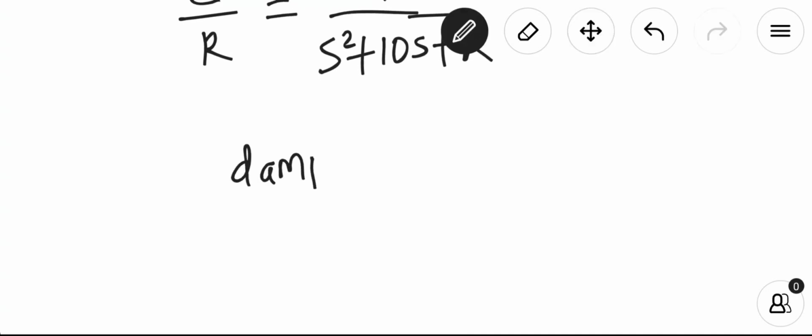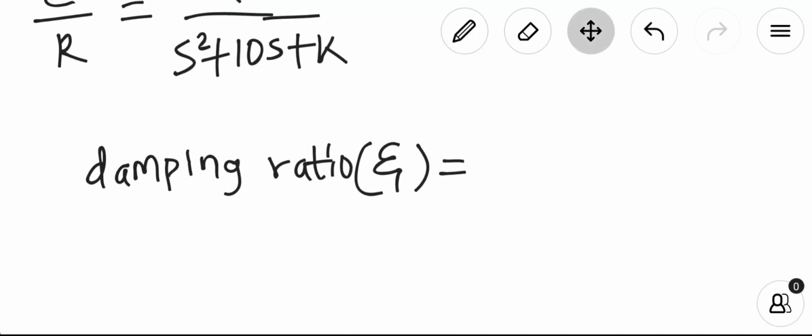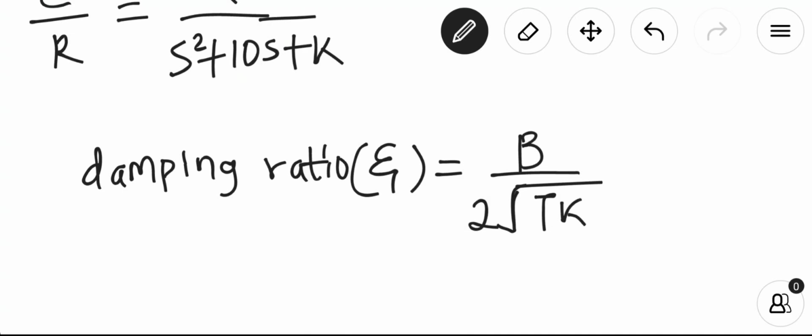The damping ratio, still from the previous video, delta, I showed you this formula in the previous video, B over 2 root TK. This is the formula we're going to be using.